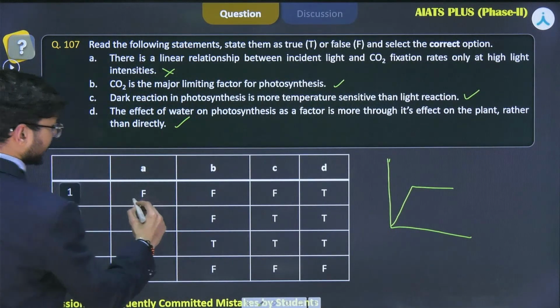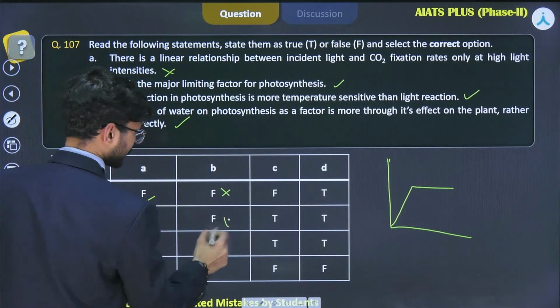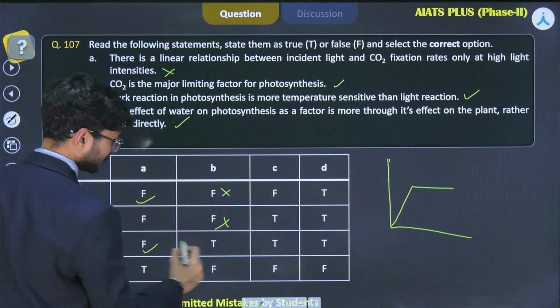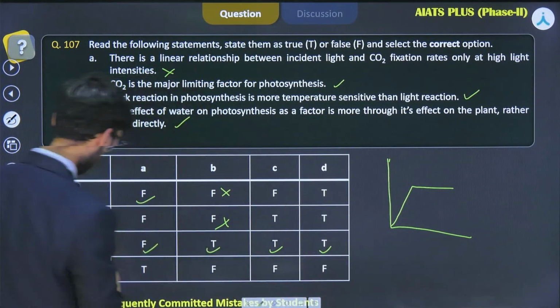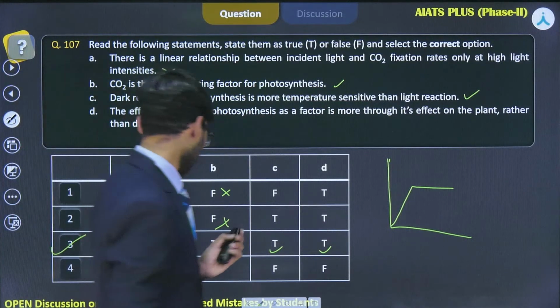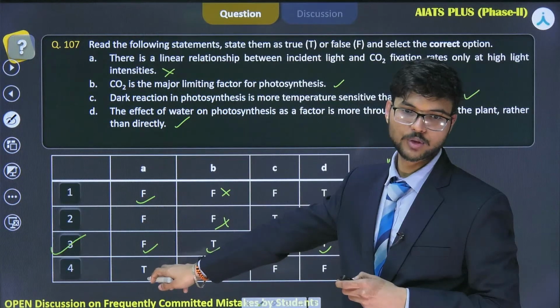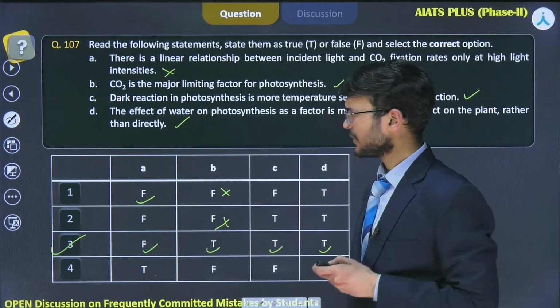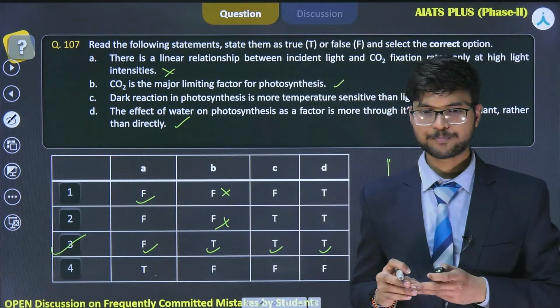B is true, so this option is incorrect. C is also true, and D is also true. So our correct answer will be option number 3, while the fourth option is ruled out because A is said here to be true. Okay.